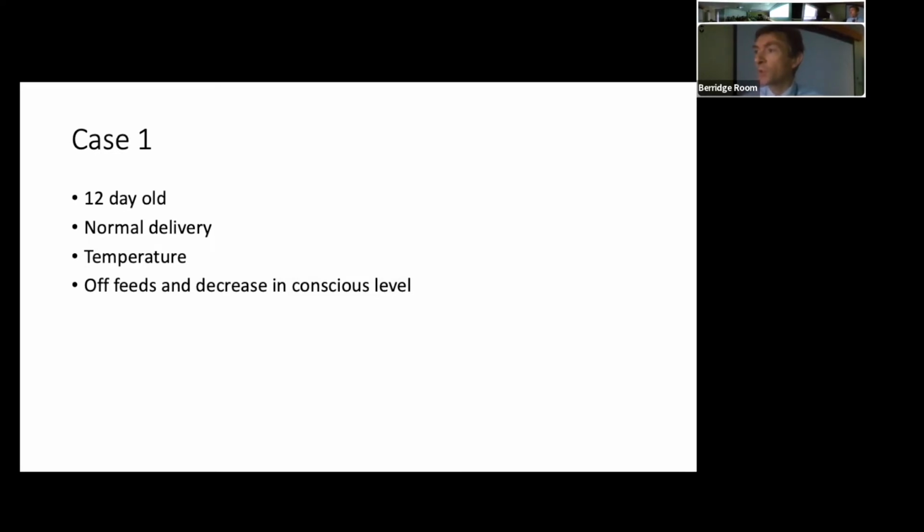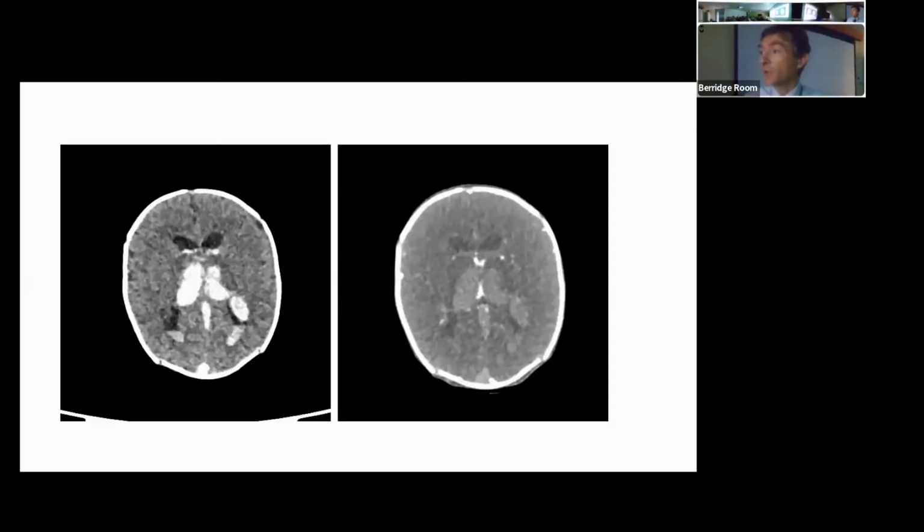So he came to the emergency department, and he had some imaging. So this was the CT scan that was done when he was seen in the emergency department.